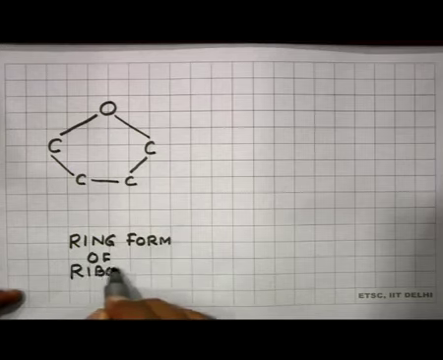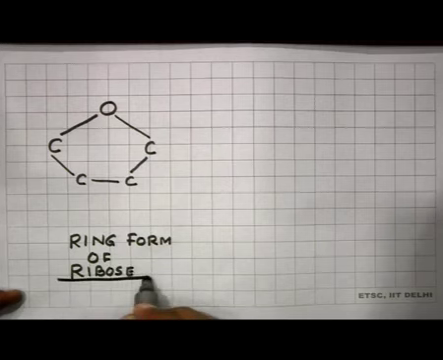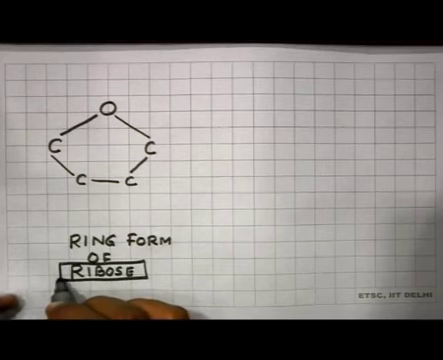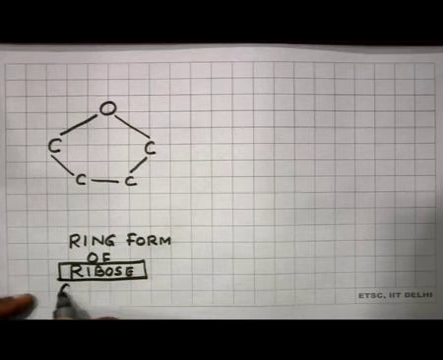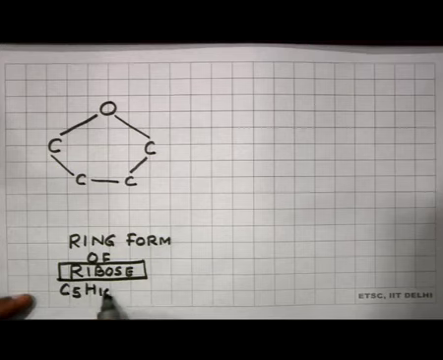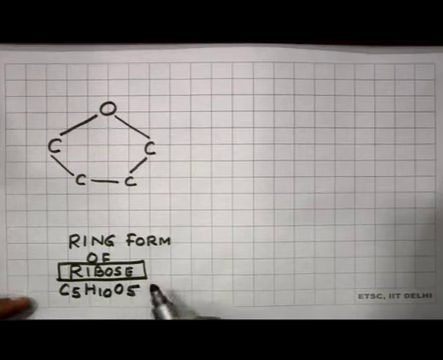In ring form or straight form, the molecular formula is the same, C5H10O5. But how do you write it?